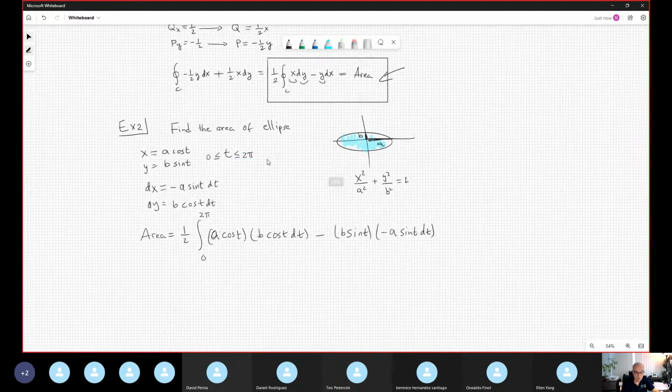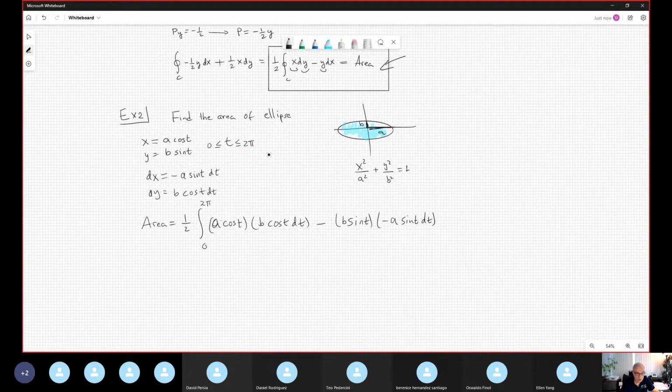Multiplication. It is obvious that the area is equal to one half, and you see ab together, right? ab cosine squared t, and it's a plus because negative and negative is a double negative, ab sine squared t, dt. Don't forget dt, it's common here and here. I put it outside like a common factor. I factor out ab because it's a constant.